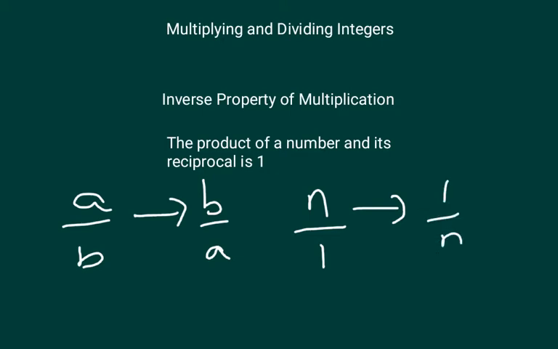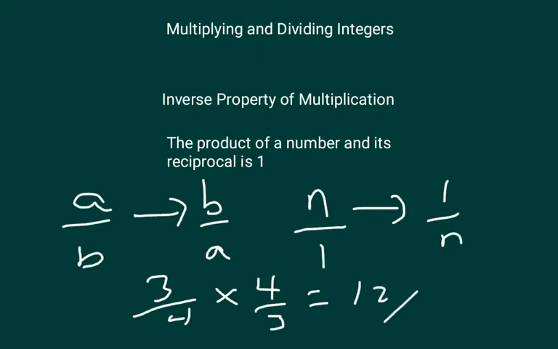So if you take a fraction like 3/4 and you multiply it by its inverse, or reciprocal, or multiplicative inverse, which is 4 over 3, you get 1. 3 times 4 is 12, and 4 times 3 is 12. I'll just write it this way. It's 12 over 12. And that's 1.